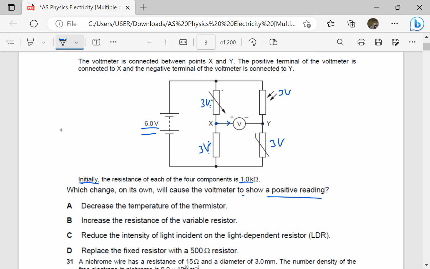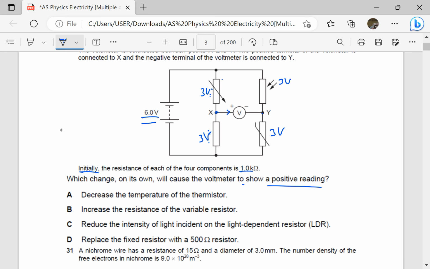So the question is, which change on its own will cause the voltmeter to show a positive reading? So we want the potential this side to be higher than the potential the other side. If I consider these 2 points, the potential here is 3 volts. So I want this potential here to be less than 3.